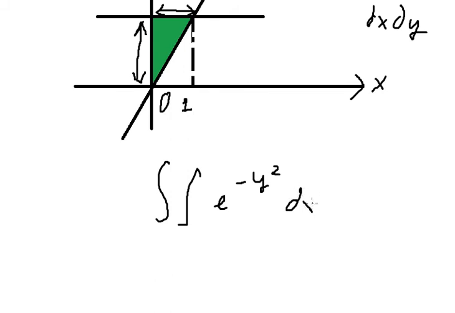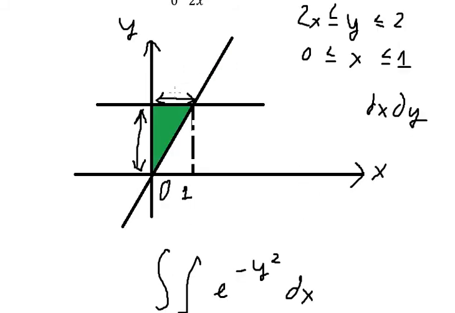Now about dx, that's about this one in here. We can see that s is between 0 and this line in here. This line is y equals 2x. So we divide both sides by 2. You get y over 2 equals s.